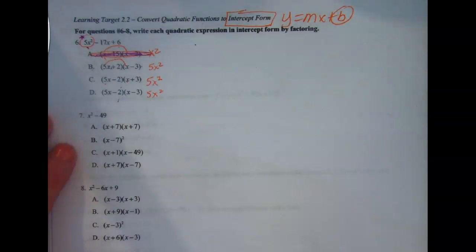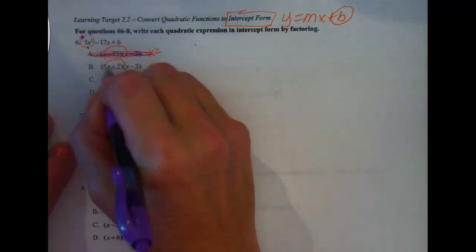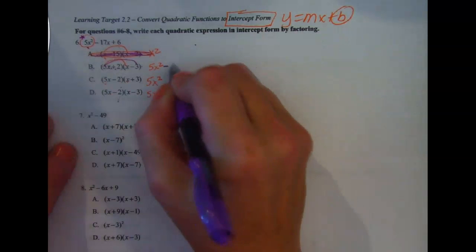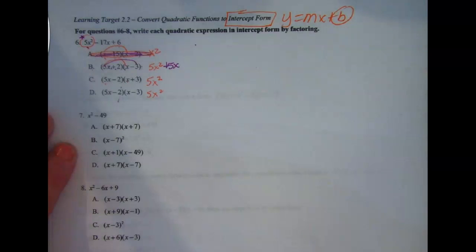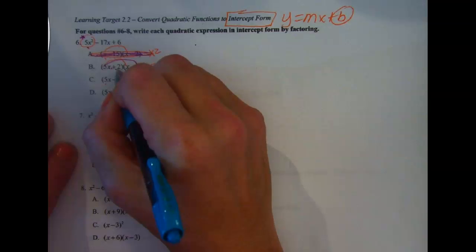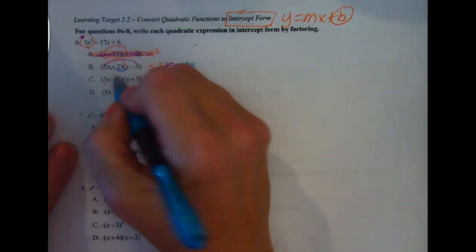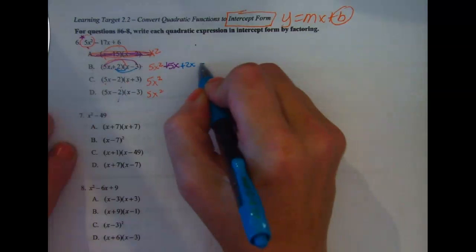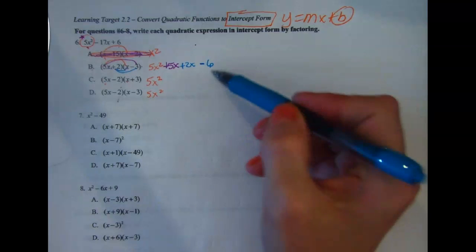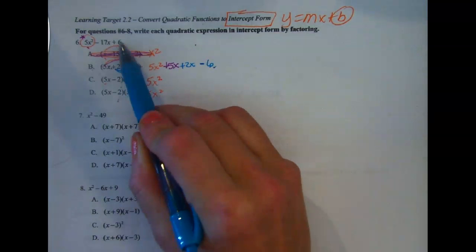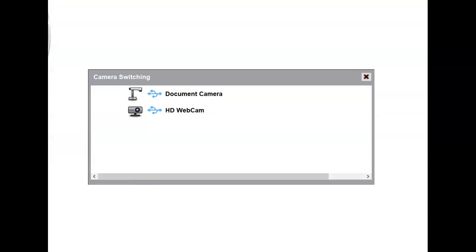So I'm going to write it over here to the side, B. So 5x squared, and then it would be minus 15x. And then I'll do the bottom ones. So that's a positive 2x and a minus 6. So even without combining like terms, if I have a minus 6 and there's a plus 6, I know it's not this one. Let's keep going.